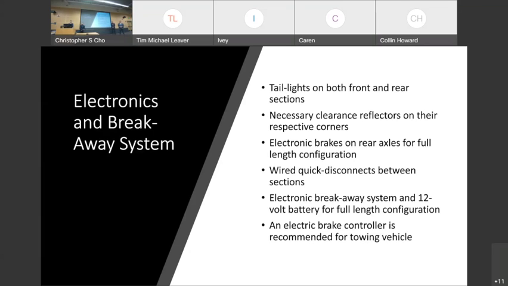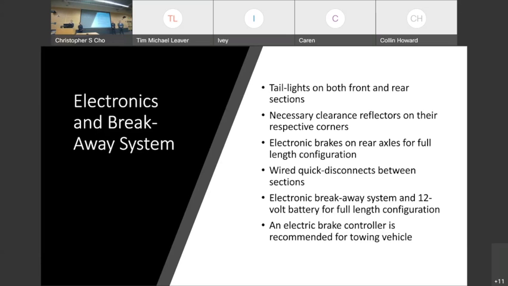Also, since the trailer has electric brakes in this configuration, it also requires a breakaway system. The breakaway system is essentially a cable that gets tied to your vehicle and goes into a switch. So if the trailer becomes separated from your vehicle, the switch will get pulled and the electric brakes will fire to prevent the trailer from going out of control on the road.